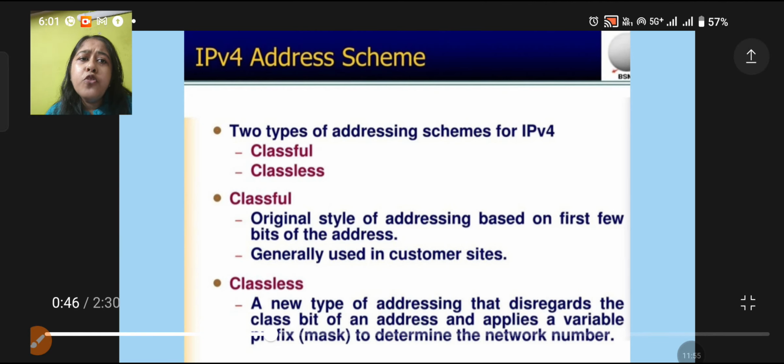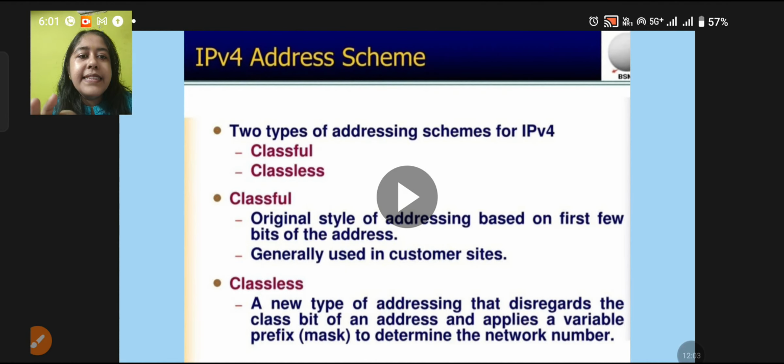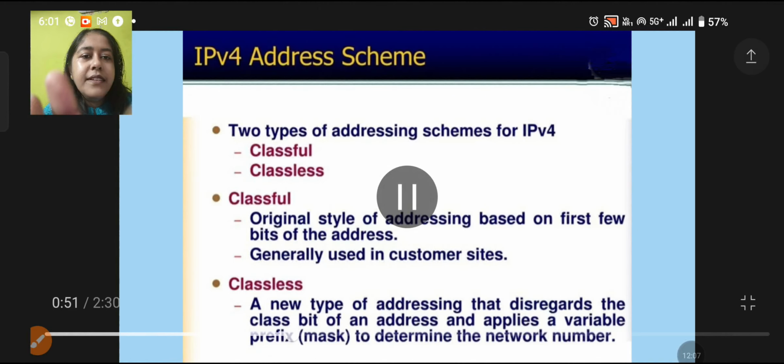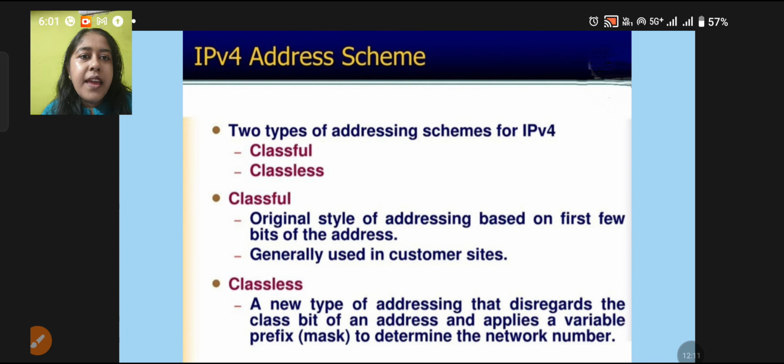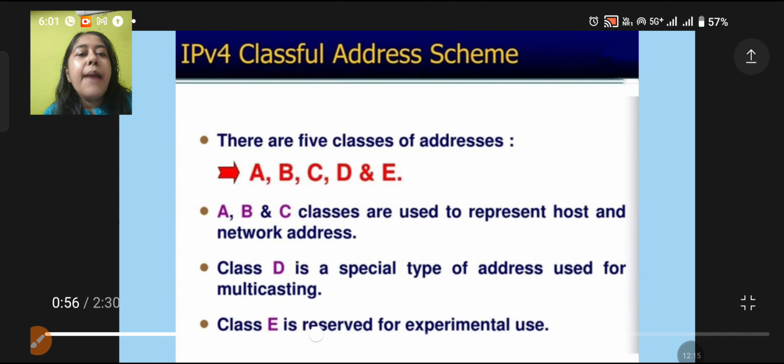Okay, now let's see. Two types of addresses are there now: classful and classless. Classful is the original style of addressing based on the first few bits. So classless is there, classful is there. We have already studied this one, and here it is about the IPv4 classful address scheme.